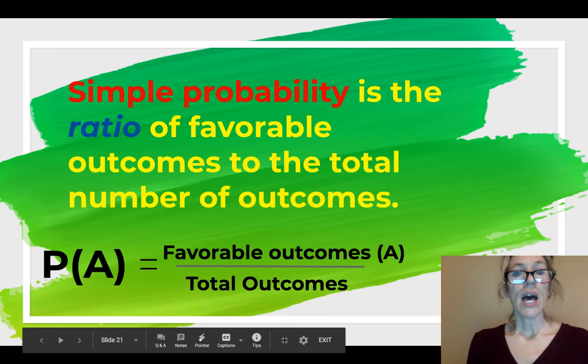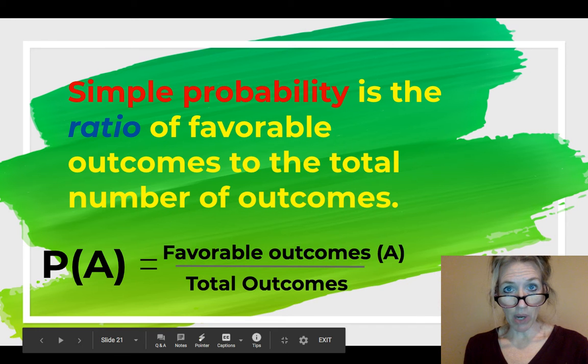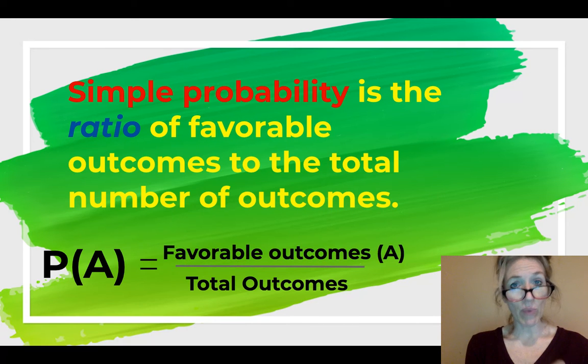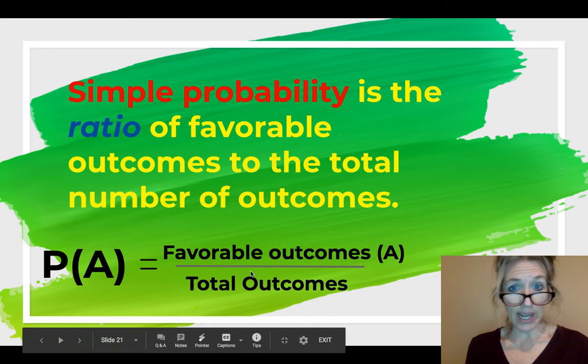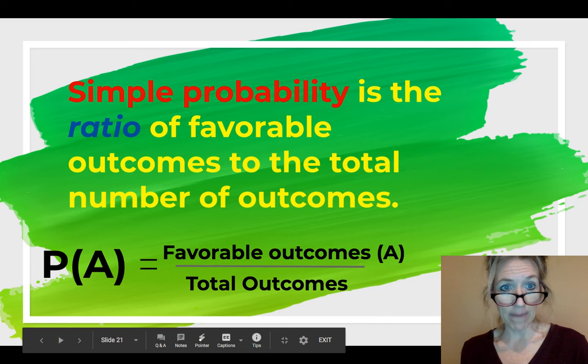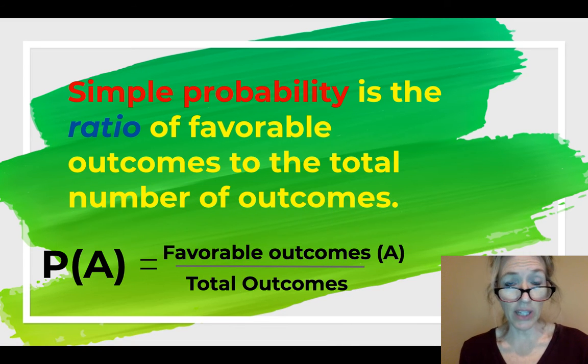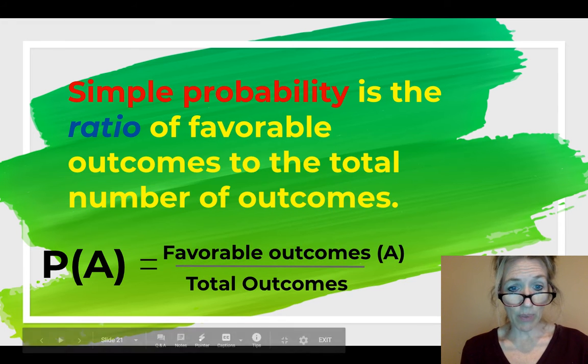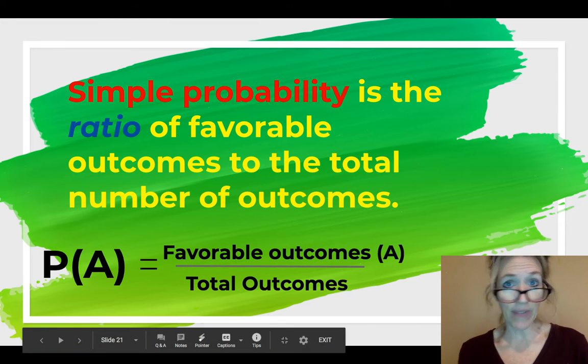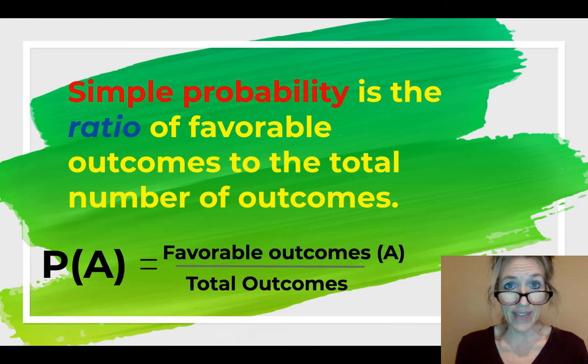Okay. The definition of simple probability is that it's a ratio. We learned earlier this school year that a ratio is just a fraction. So we're going to be writing lots of fractions today. The numerator of our fractions will be all of the favorable outcomes, and the denominator will be the total number of outcomes that could happen from this event.